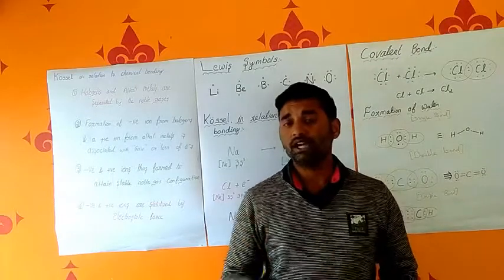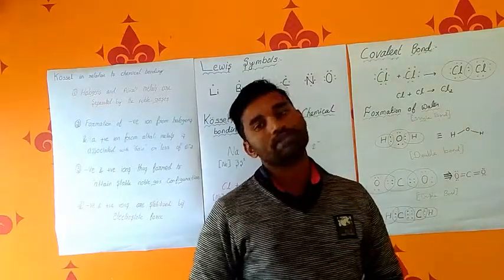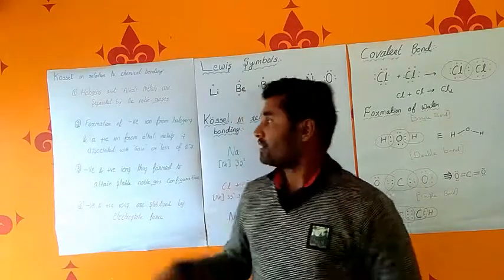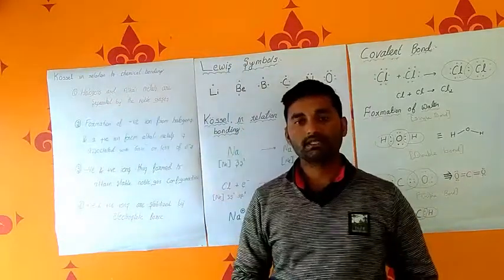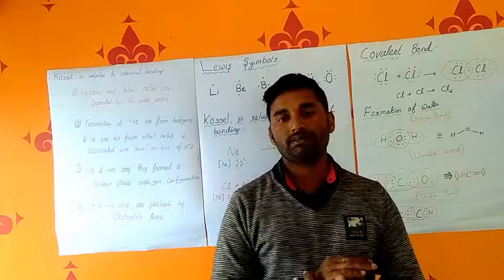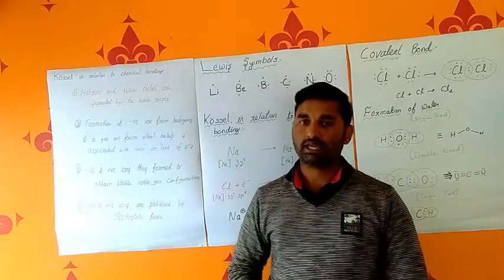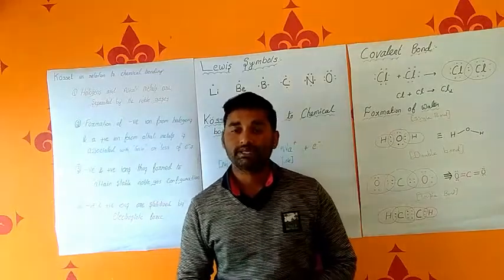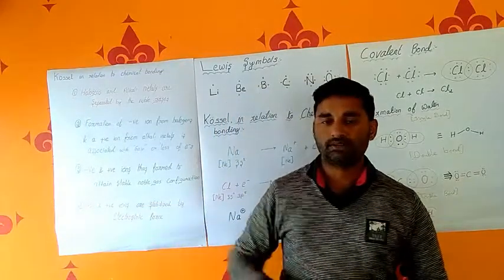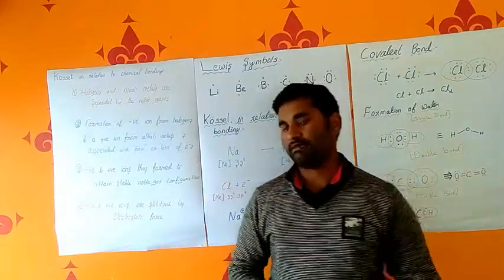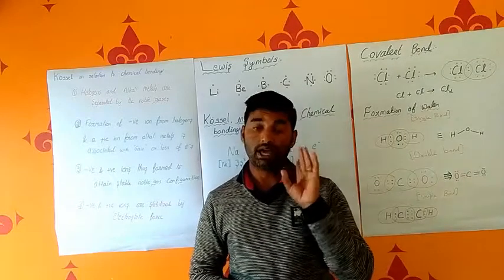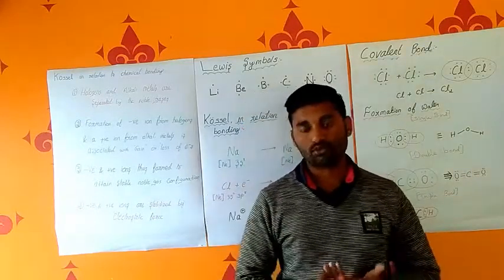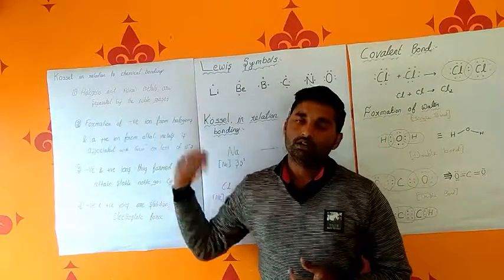Now we are going to see the 4 postulates of Covalent theory. First postulate says halogens and alkali metals are separated by noble gases. We know that first group elements are called alkali metals, as well as the 17th group elements are called halogens. Alkali metals have only 1 electron in their outermost valence shell.